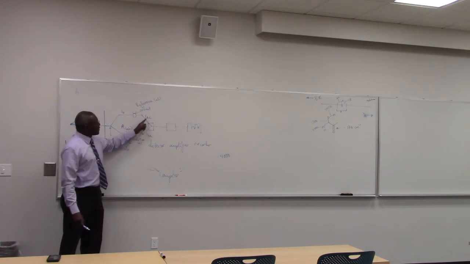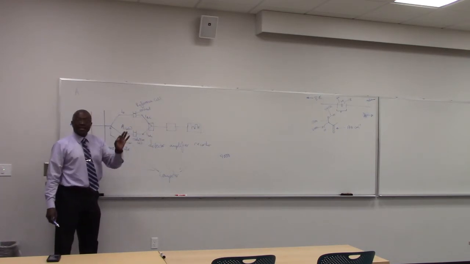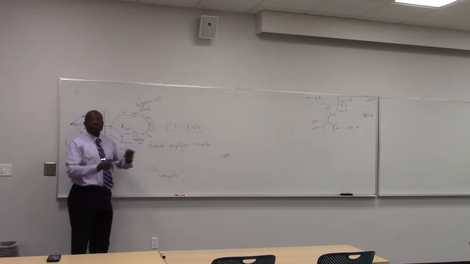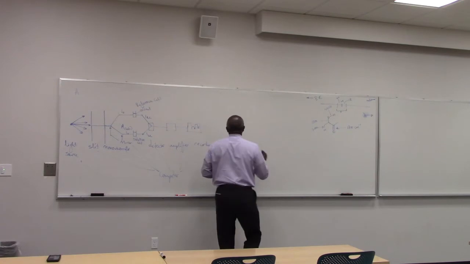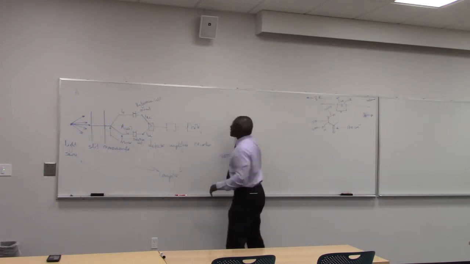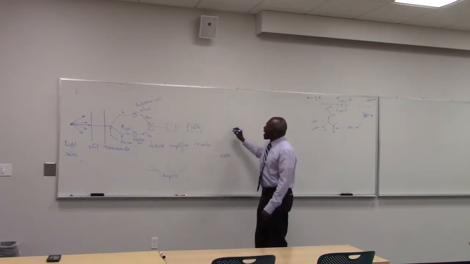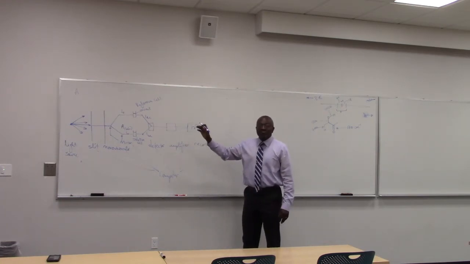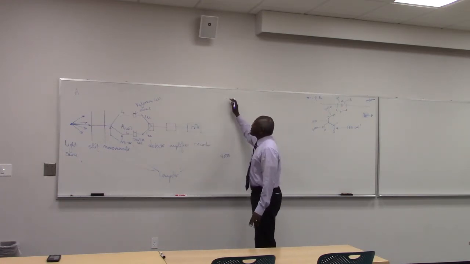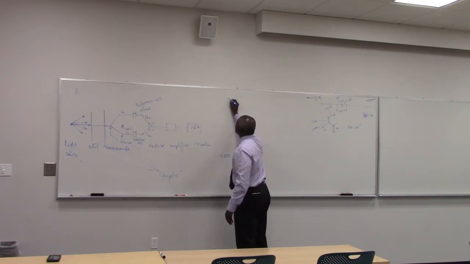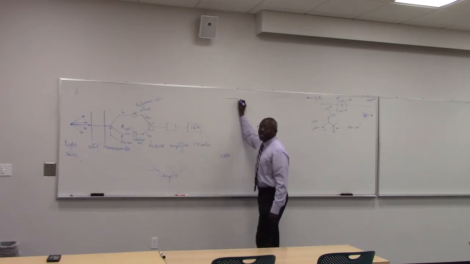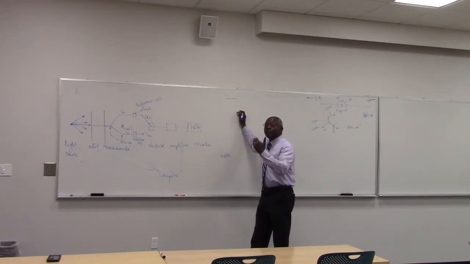So the intensity of the reference and sample cells are exactly the same. My detector measures no difference, and so I get no absorption at 4000. So I have a blank at that level. Nothing happens. At 3999, the same thing happens. At 3998, 97, 3500, and so on, nothing happens, so I just have a straight line which indicates the absorption of the sample cell and the reference cell are exactly the same.